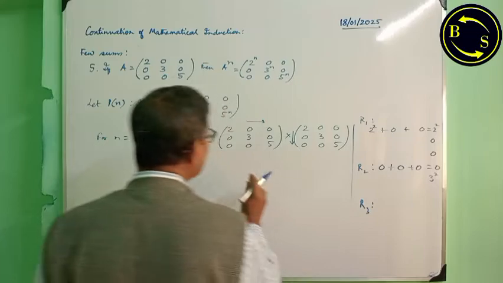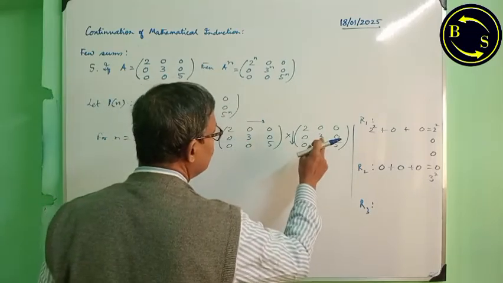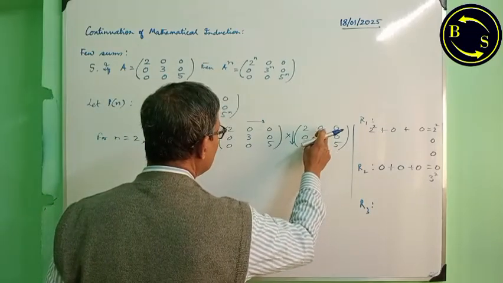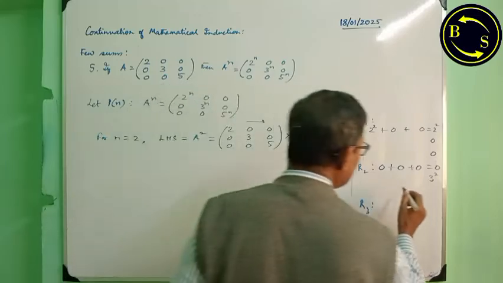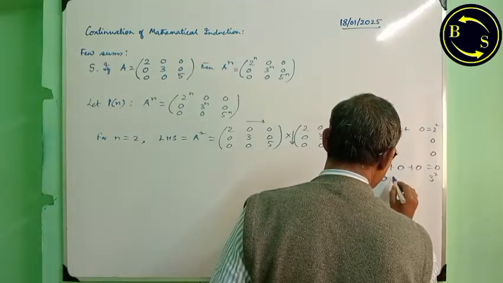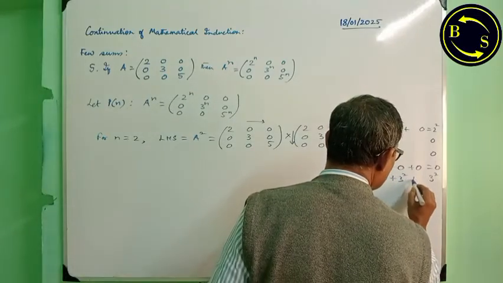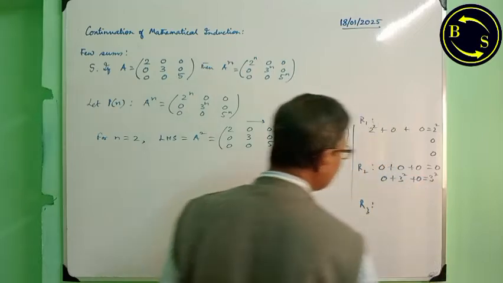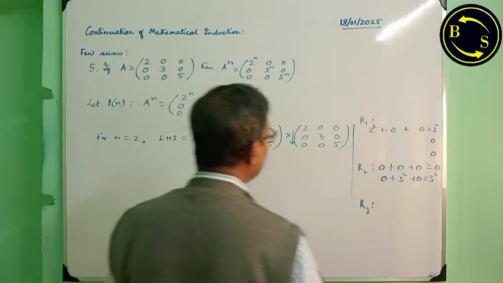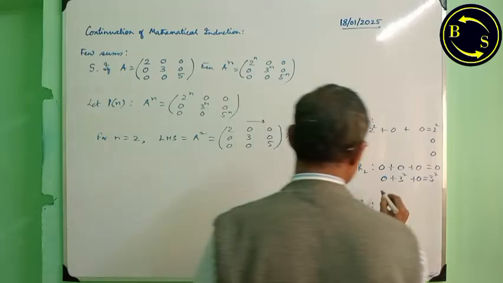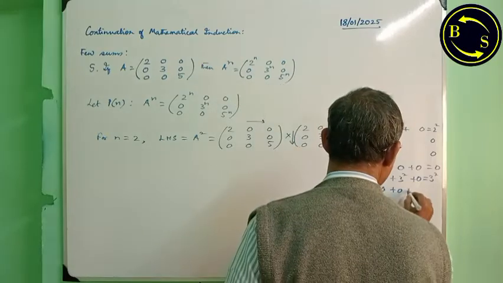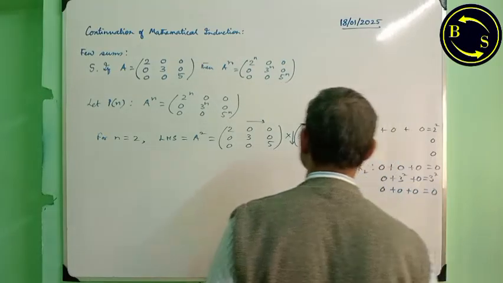Then for the second element, 0 into 0 plus 3 into 3 plus 0 into 0, that is equal to 3 square. And for the third element, 0 plus 0 plus 0 equal to 0.